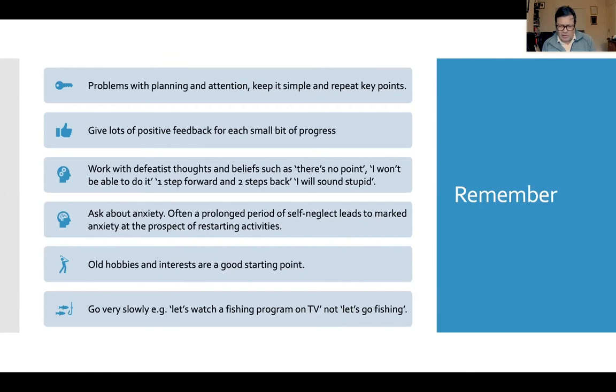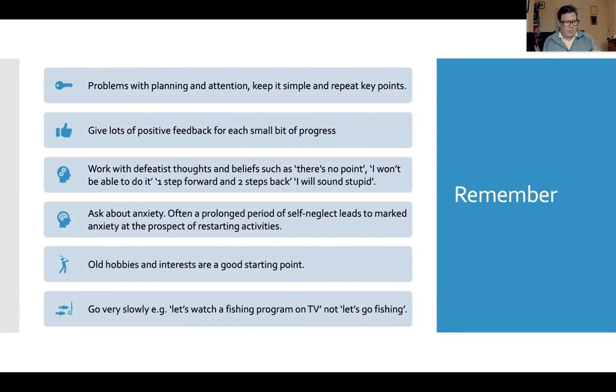I'll get us organized and we'll go down to the lake and have an afternoon of fishing. No chance. The anxiety levels are up. It all sounds like too much. They don't have the drive. They're scared of the conversation. They can't do it. And they feel a bit worse because of that suggestion.